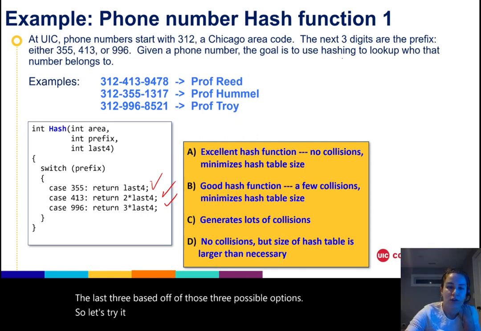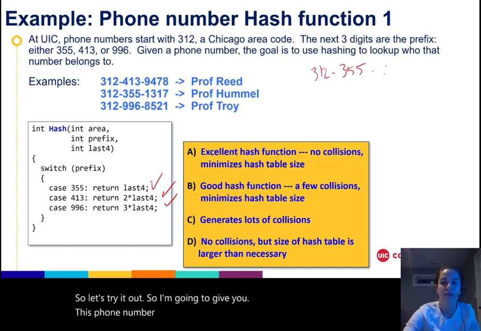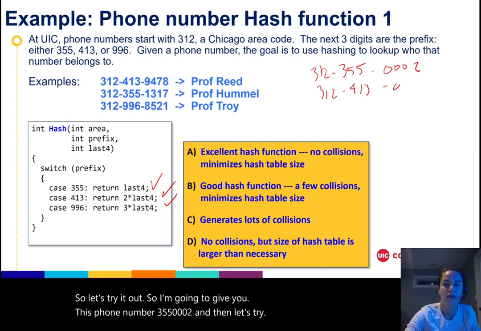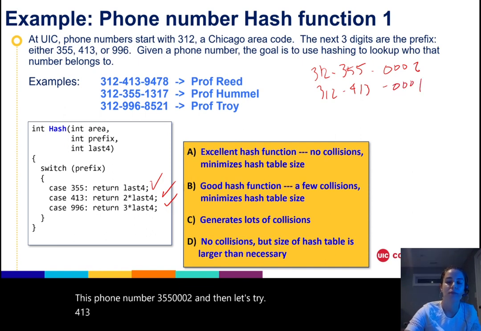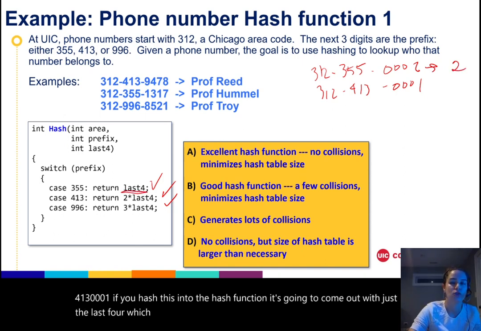I'm going to give you this phone number, 355-0002, and then let's try 413-0001. If you hash this into the hash function, it's going to come out with just the last 4, which is going to be 2.